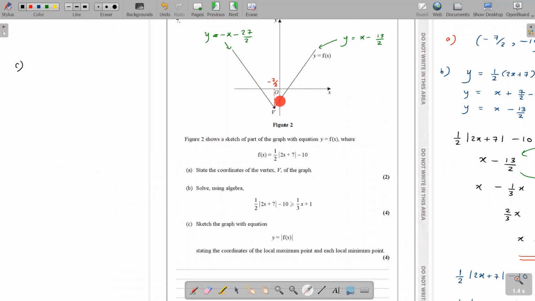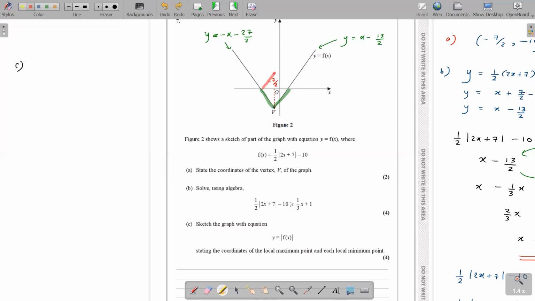You don't have a graph that goes below the x-axis. Modulus makes everything positive. So how do we convert this graph? The part of the graph that goes below the x-axis, basically this V part down here, will be reflected upward. So it will reflect like this, to the other side.